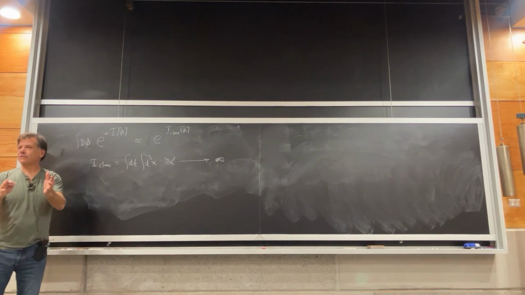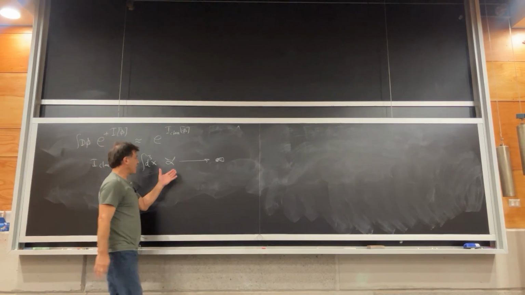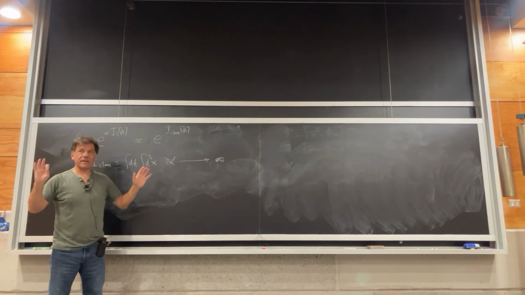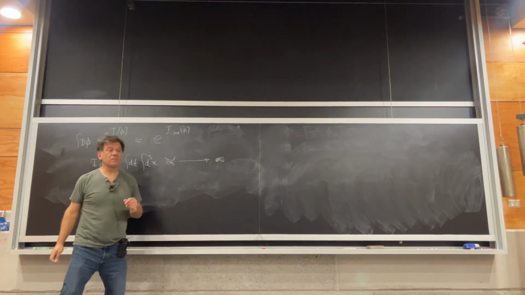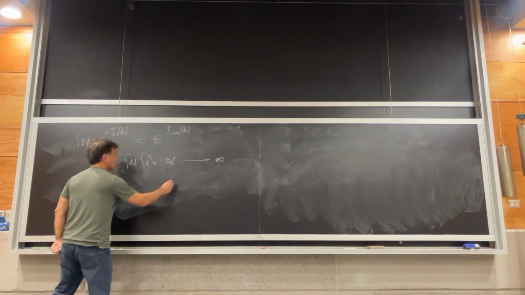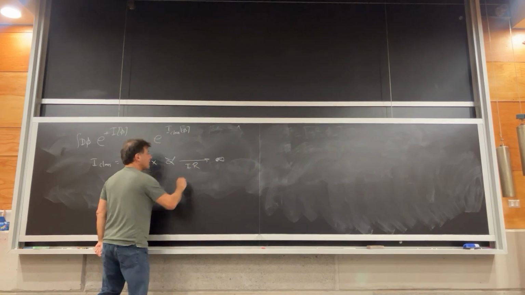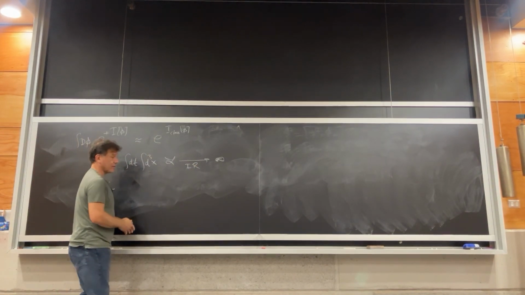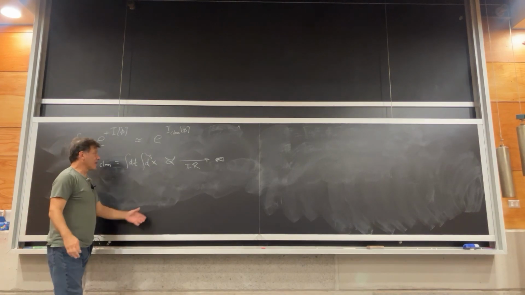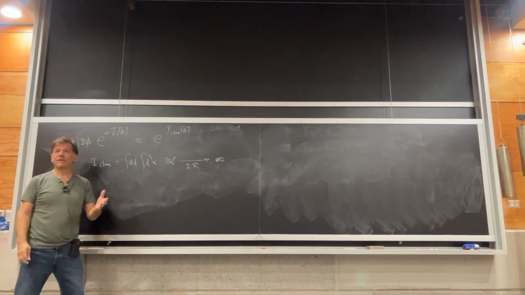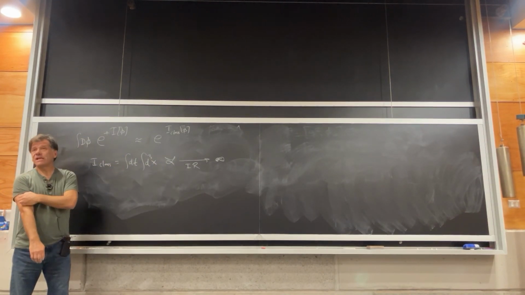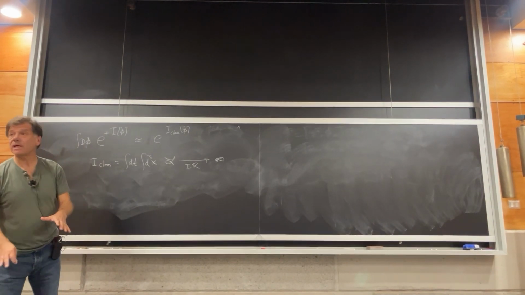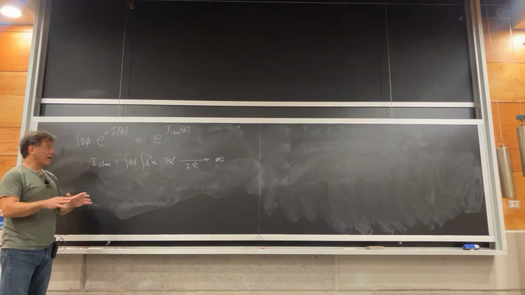If you're in a compact space, of course, it will not diverge, but if you're in an open space, AdS, for example, or even flat space, this will diverge. These are typically called infrared divergences because they happen when you're integrating over a large volume, and if the fields don't fall fast enough, then this will diverge. This is typically when you have massless fields. If you have massive fields, they decay very quickly, and you won't have divergences.